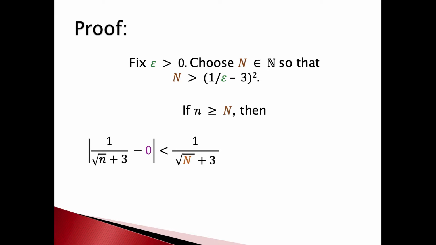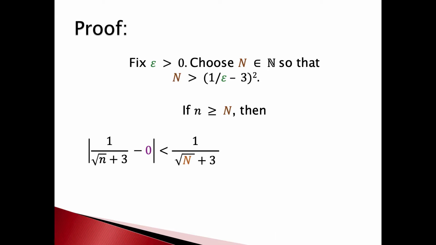Okay, so here's a place where you might want to pause the video and rewind it 2 or 3 times to make sure that you follow this, because it's really weird, right? I got bigger than or equal to, bigger than or equal to, and less than or equal to, and things are flipping all over the place. So it's really important to follow the flow of logic here. And again, you may have to rewatch this a couple of times. So when I say this again, on the left hand side of the inequality there, I've got 1 over square root of little n plus 3.